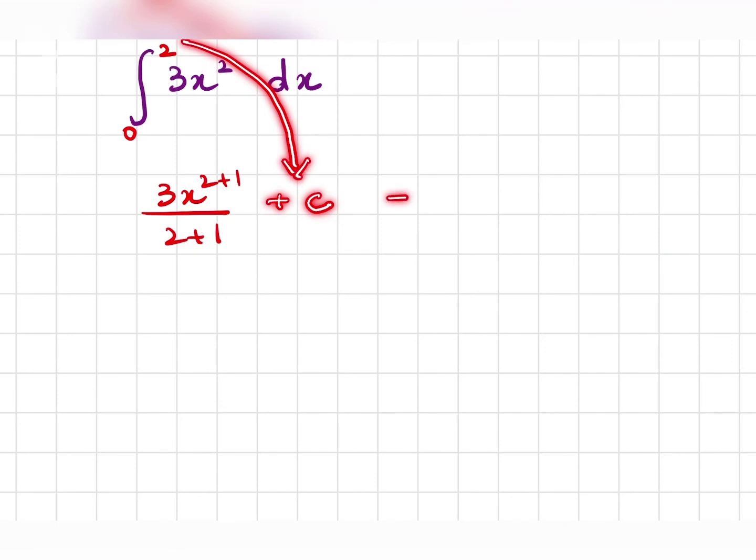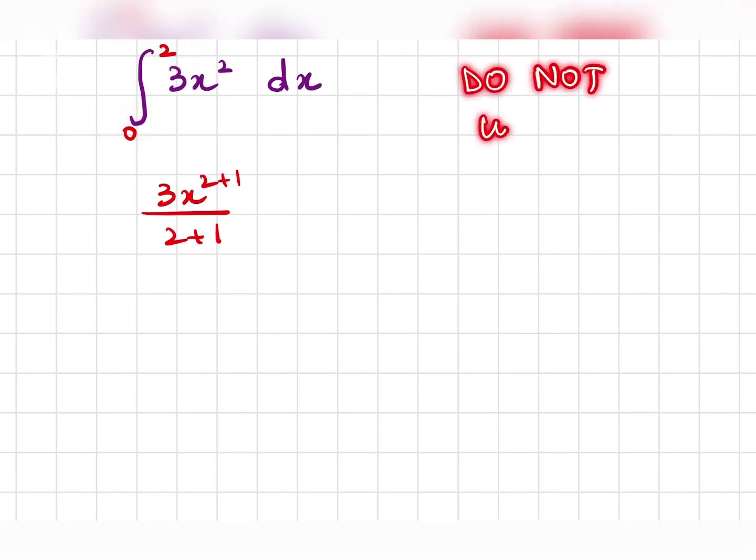Then you minus it with a 0 in it, and then there's a plus c again, right? So c and c will cancel out, so there's no point in writing c when there are limits given to you. So do not write c when there's a limit. All right, that was the easiest way I could explain it.